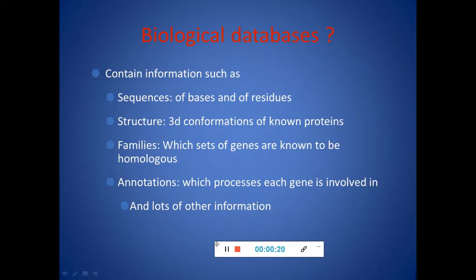As we saw earlier, we have different nucleotides, and every nucleotide will be made up of different bases or different residues. So, the sequence of different bases as well as residues can be stored as information. It can be of DNA, it can be of RNA.